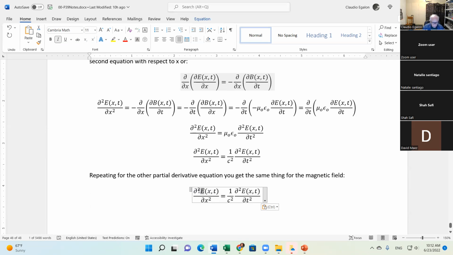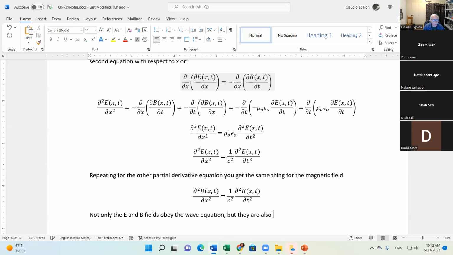Now you have both the electric and magnetic fields obeying the wave equation. Not only do the E and B fields obey the wave equation, but they are also perpendicular to each other.